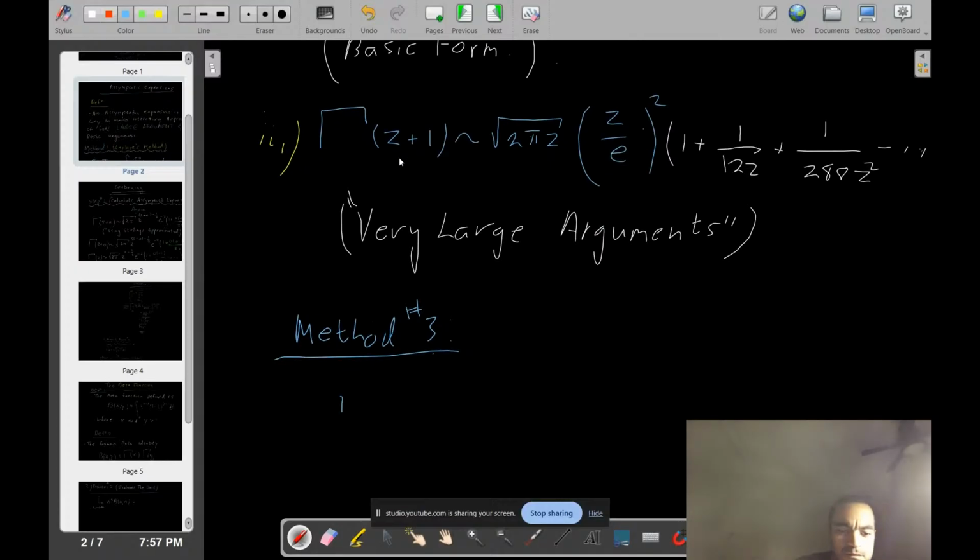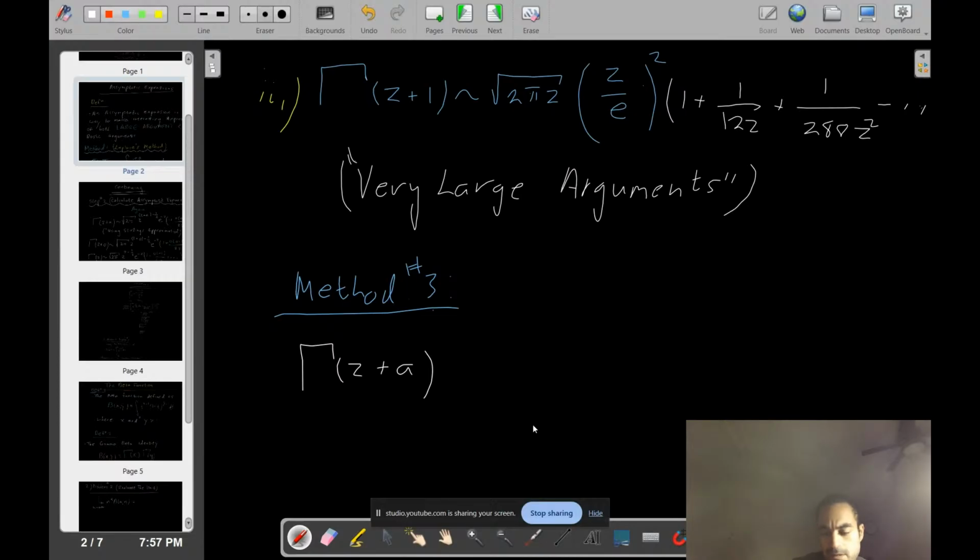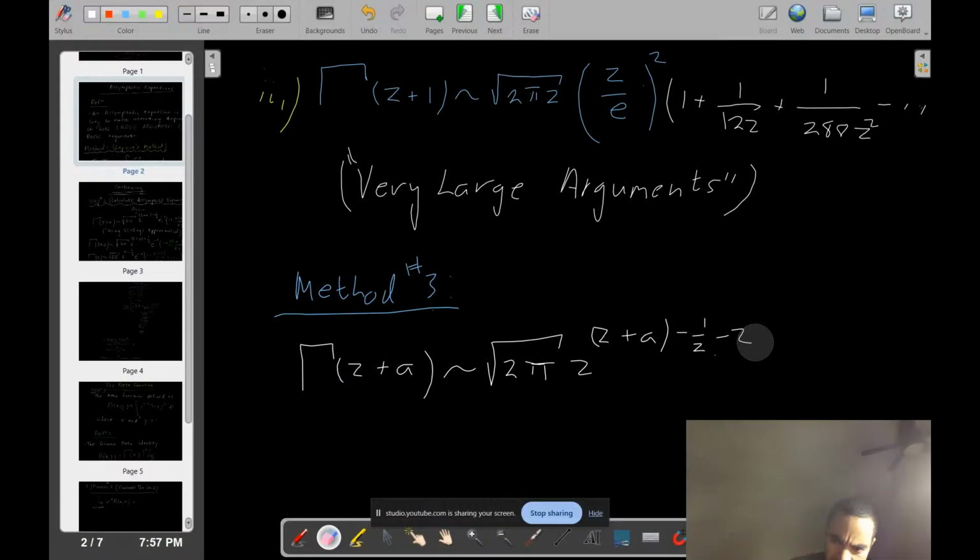So gamma of z plus a. If you have a gamma function in this form, gamma of z plus some number a, where a is a real number, it is asymptotic to root 2 pi times z to the power of z plus a minus a half, e to the negative z.